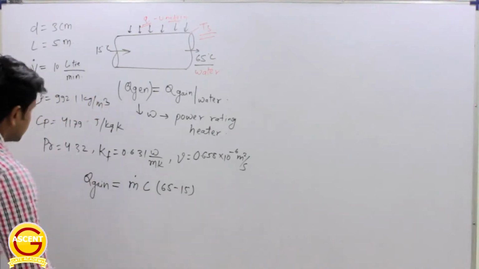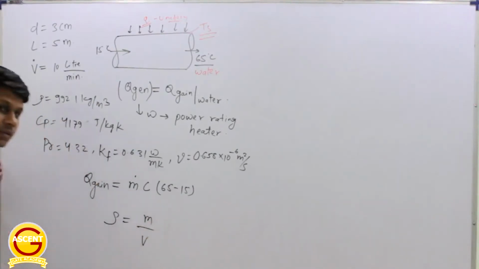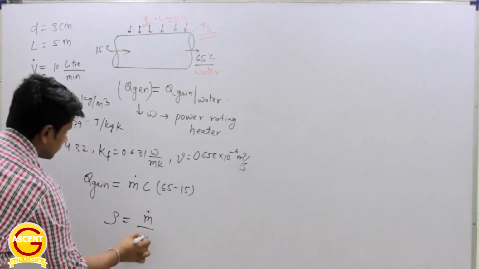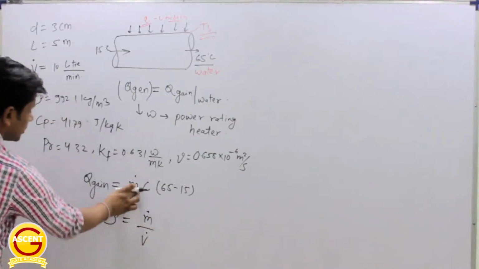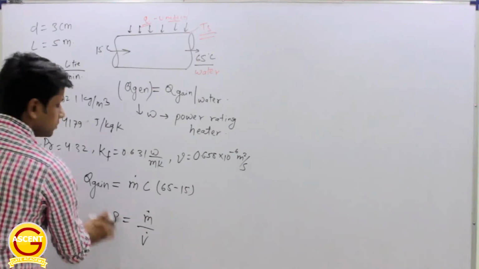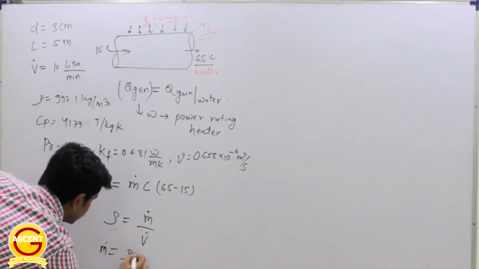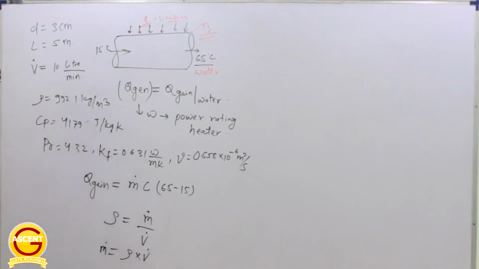See, we know density is equal to mass per unit volume. So this can also be written as mass flow rate divided by volume flow rate. This dot is for rate. So mass flow rate divided by volume flow rate will be equal to density. So this mass flow rate will be what? It will be density into volume flow rate. Okay, and this volume flow rate also we will take in meter cube per second, right?